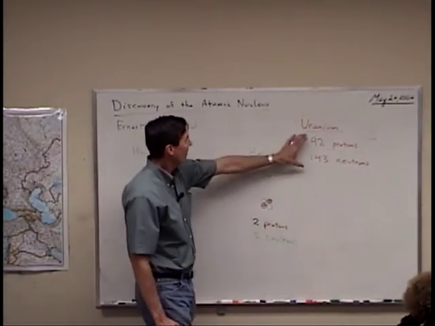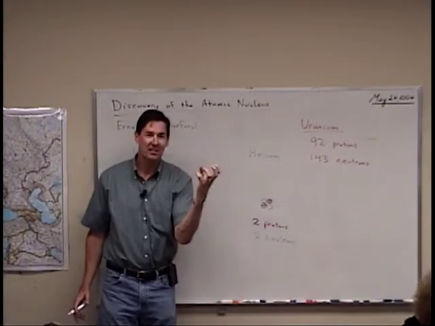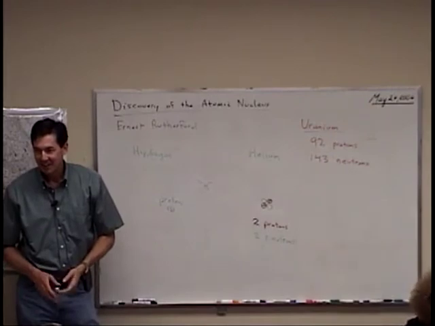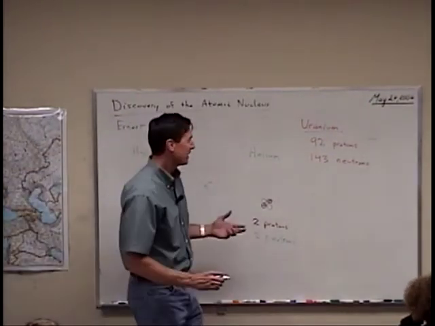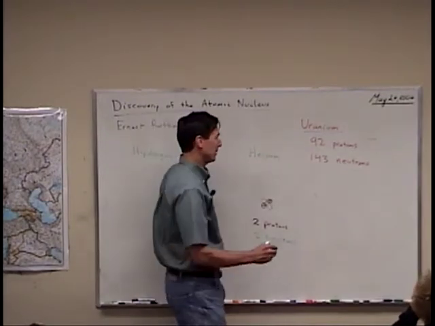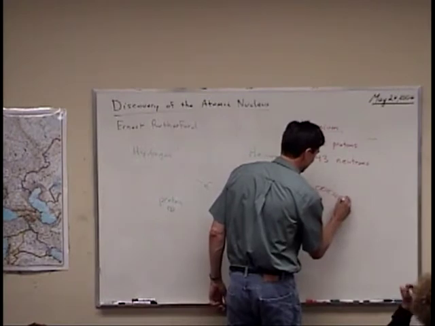But all of these protons and neutrons are all stuck together in this nucleus. Sure. So then won't the protons be far apart? Yeah, exactly. They start getting pretty far apart at this point.